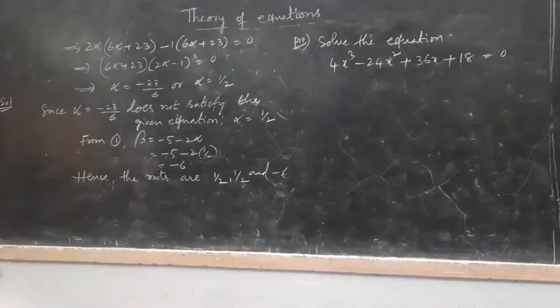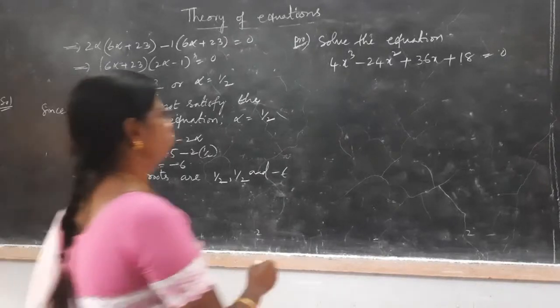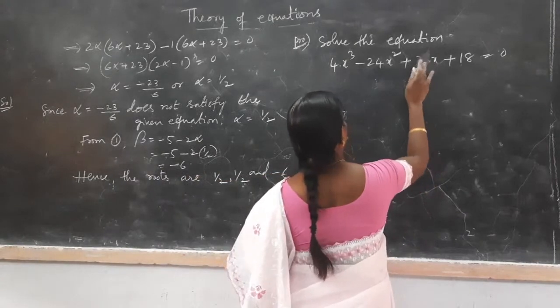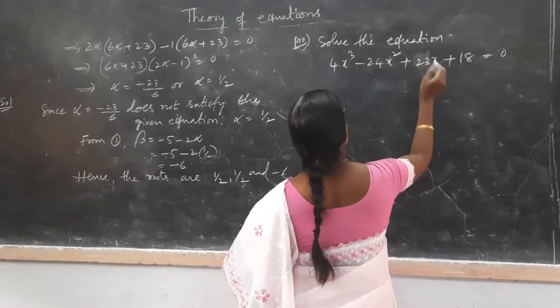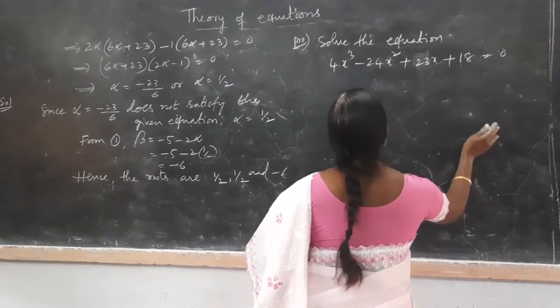Okay, this is the polynomial equation. 23x plus 18. Solve the equation.